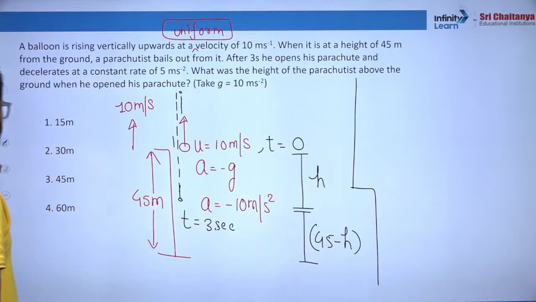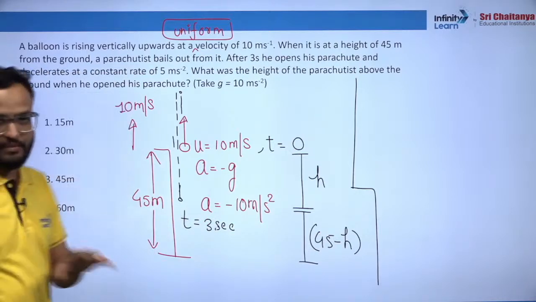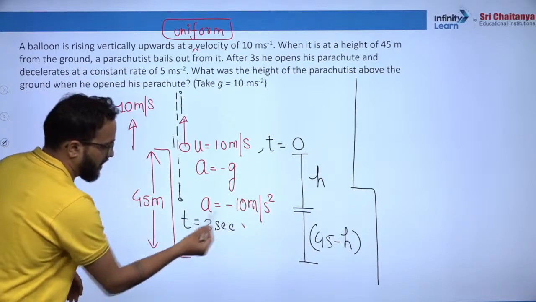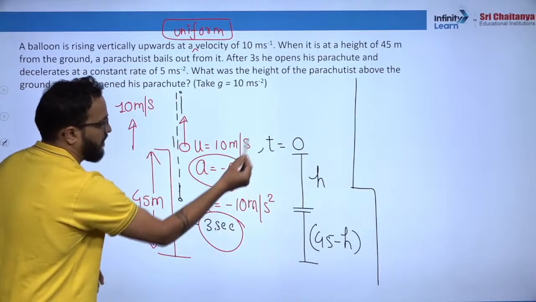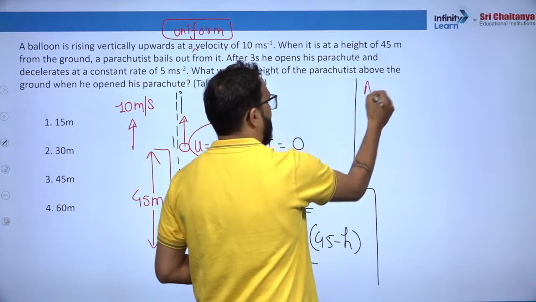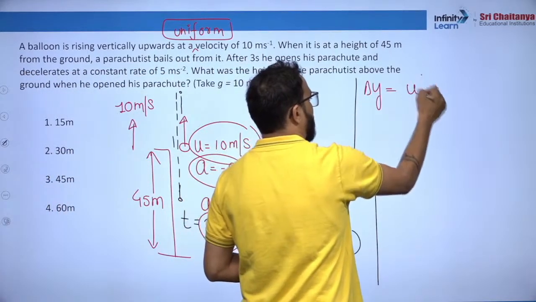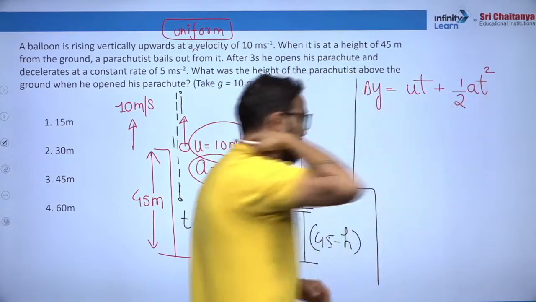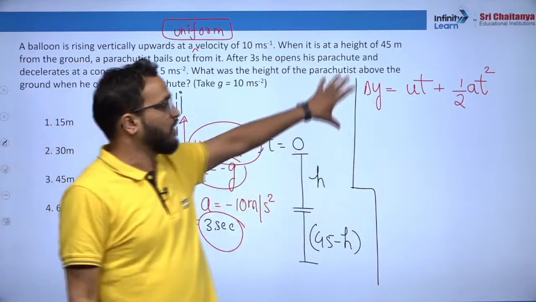So shall we start? Everything is given in the question. Time is given, 3 seconds. Acceleration is given. Initial velocity is given. So delta y is equal to ut plus half at square. Are you understanding, students? Now what is delta y?